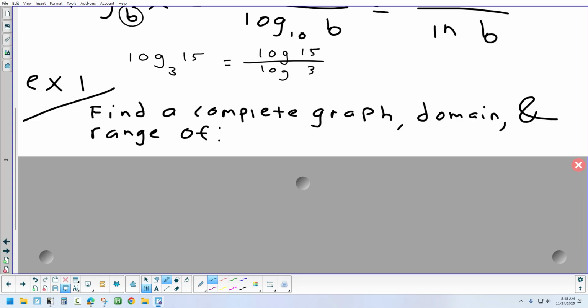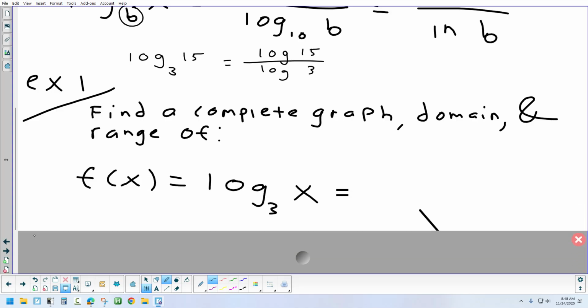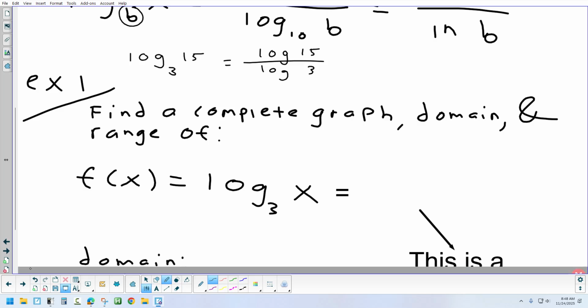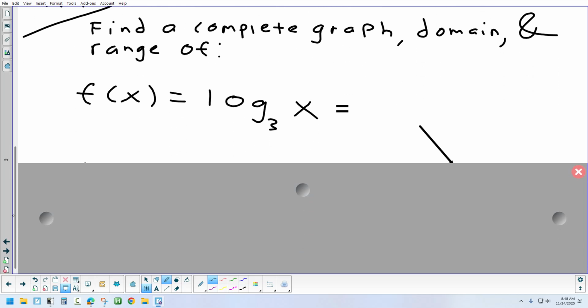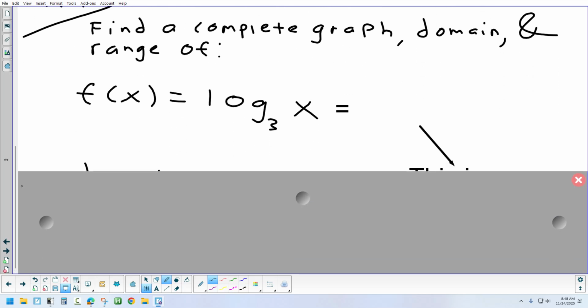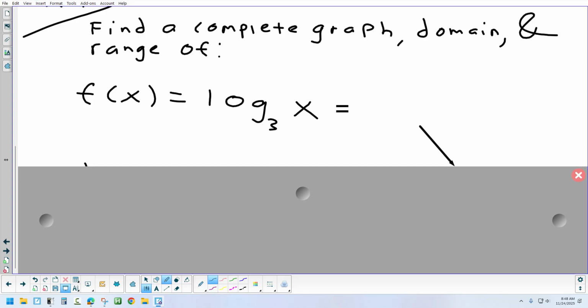So let's find a graph, and then we'll look at the domain and range of this. All right. So I want to type that in because they're asking me for a complete graph, but I don't have a button for base 3.